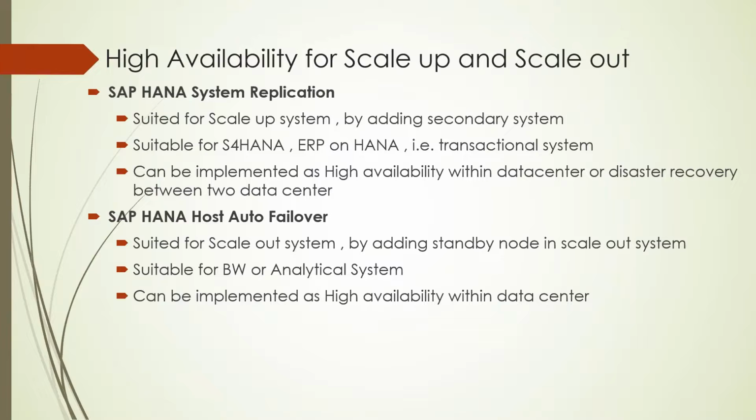You have one HANA system as scale up. To enable HA, you have to create a secondary system of the same size. You install it with the same OS, same SAP database version, same SID, same instance number, same user ID, same password. You build the systems and then you can configure HANA system replication. We'll see how we do that.